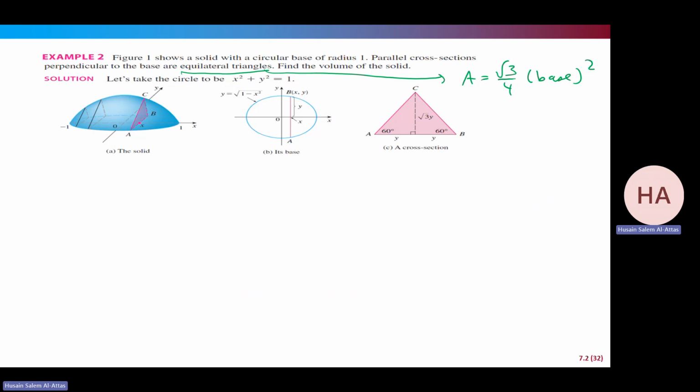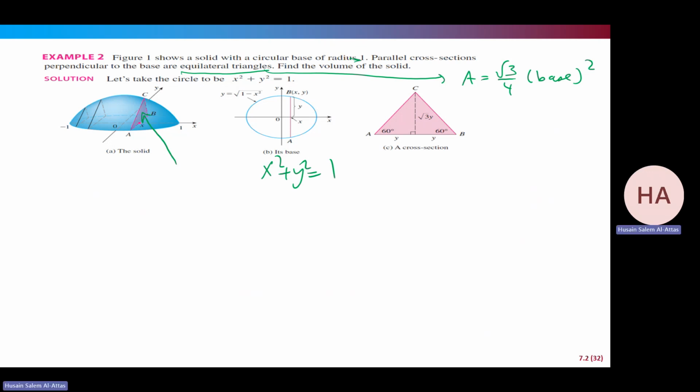The base squared, which is like this. I have triangles all the way. This is y. The circle will be radius 1, so my circle is x squared plus y squared equals 1. This will be my circle.